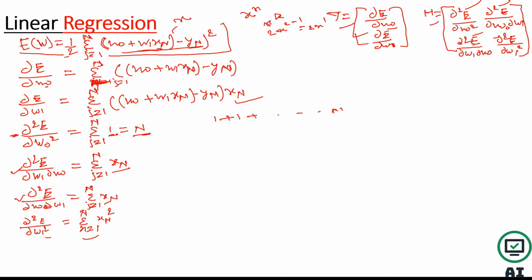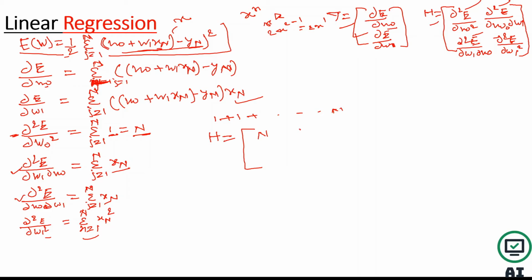So what is the Hessian matrix? If you put that here, the partial derivative of E with respect to W0 is nothing but n.